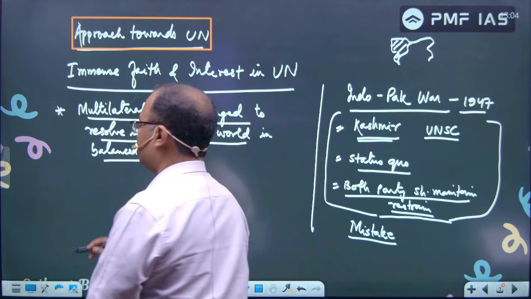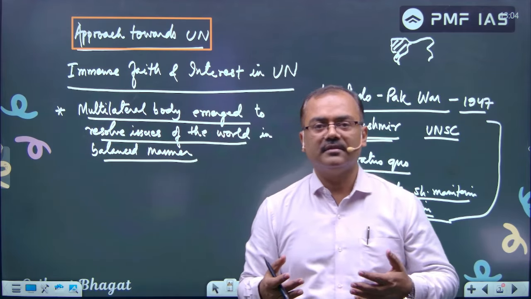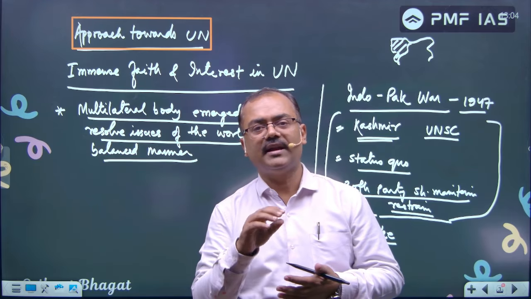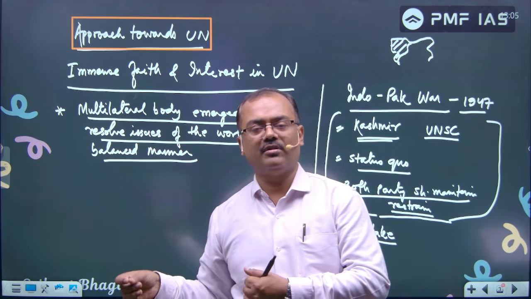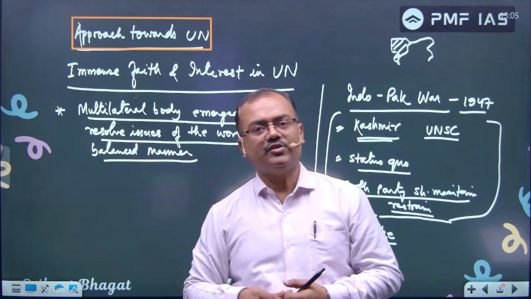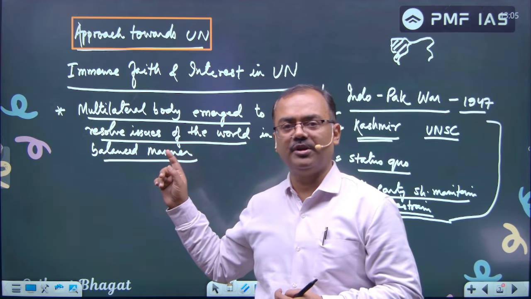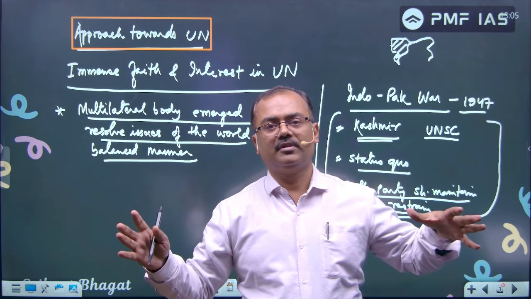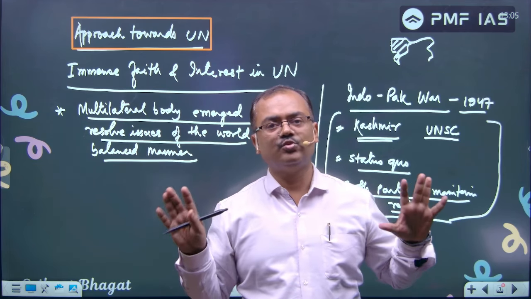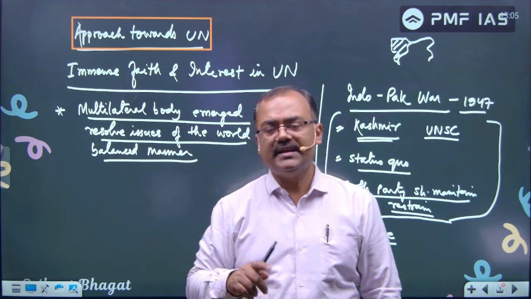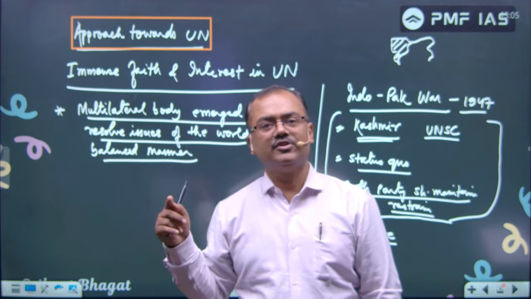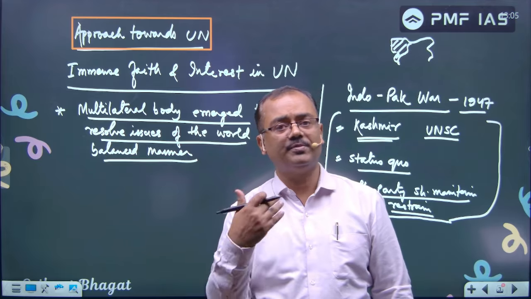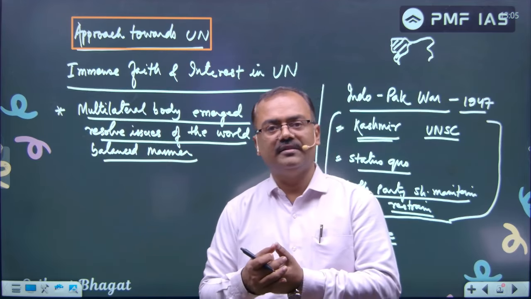He believed that the UN, created after the Second World War, had tried to resolve various issues of the war or post-war issues. So Nehru believed that this multilateral body would be able to resolve the disputes of the globe without any bias, through neutrality. And he felt that this approach should be promoted, meaning the UN should be strengthened.